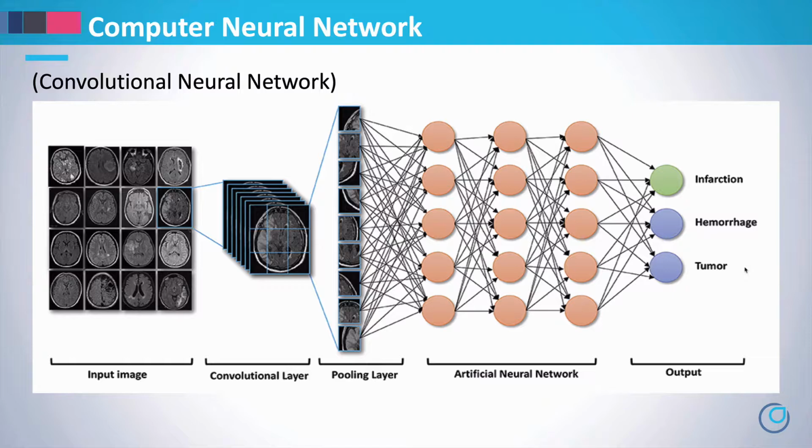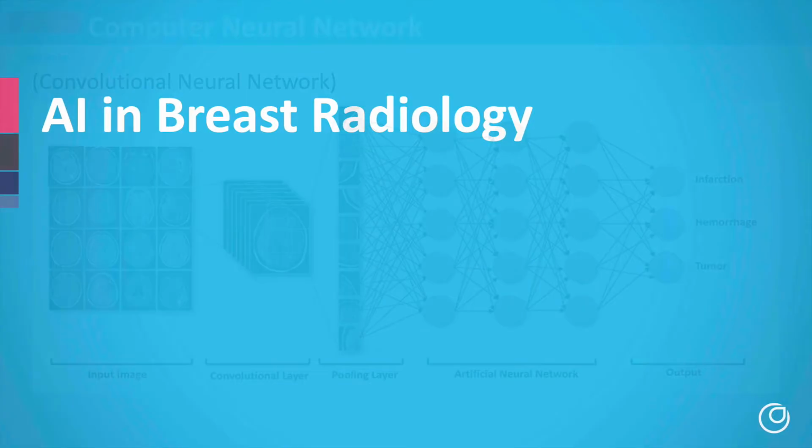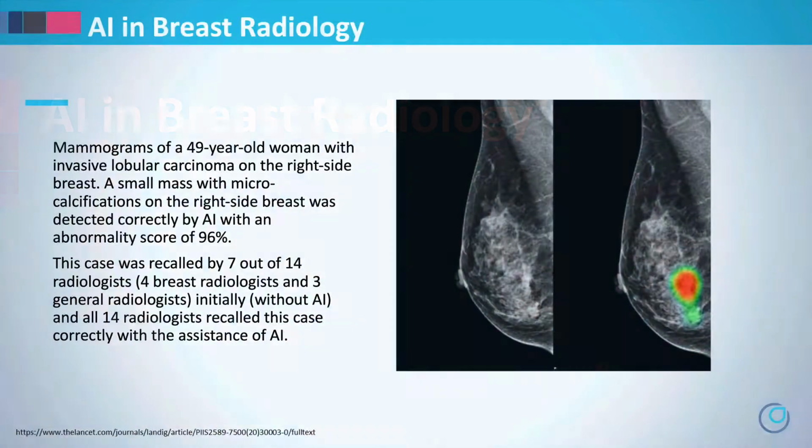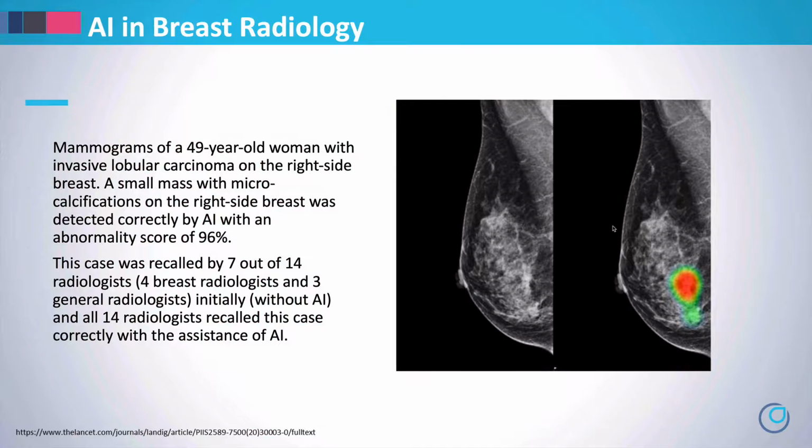So that's all very well for background, but let's think about AI in breast imaging. Many of you will recognize on the left-hand side of these two pictures that it's tricky to pinpoint the tumor, and indeed only 7 out of 14 radiologists were able to identify that tumor to begin with.